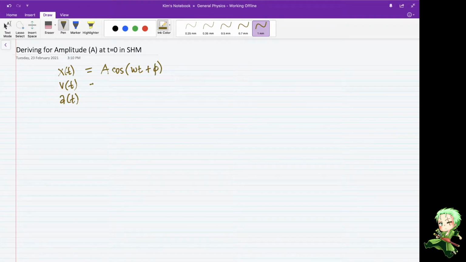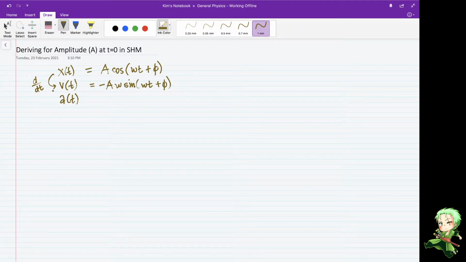And for our velocity as a function of time, which is simply the derivative, you take the derivative with respect to time of the displacement and you get the velocity as a function of time. And we have found out that that equates to negative A omega sine of omega t plus phi.